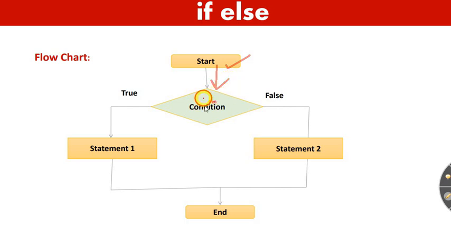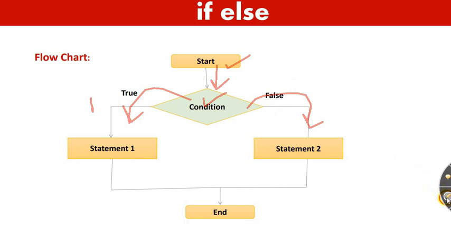If this condition is true, statement 1 is going to be executed. That means the if portion is going to be executed. If this condition fails, the else part is going to be executed. Hope this is clear to you.